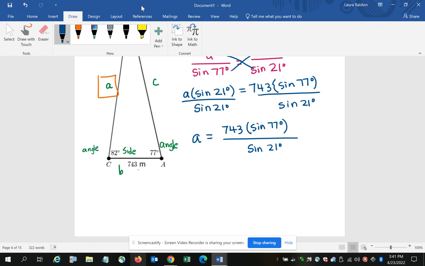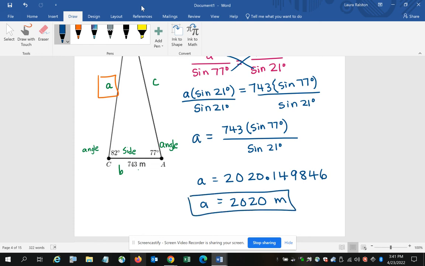And I get that side A is 2020.149846. If I'm asked to round to the nearest whole, that would be 220 meters. Again, it doesn't indicate in the problem how to round. However, on the test, it's multiple choice, so you'll be able to tell.